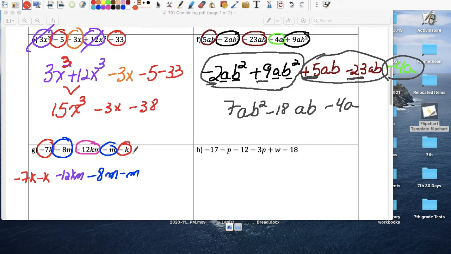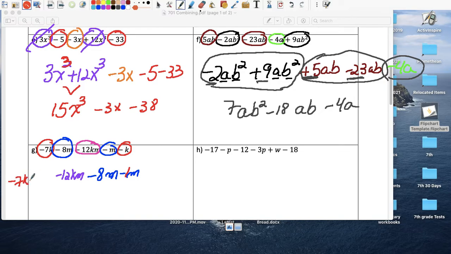Okay, so again, remember, think about these numbers written on stones, and I can move the stones around, right? So allow me to do just one thing. In front of the K here, I'm going to put a number 1. In front of the M, I'm going to put a number 1 so that you know that there is a coefficient of 1. So combine. What's minus 7 minus 1? Right, so let me rewrite this.